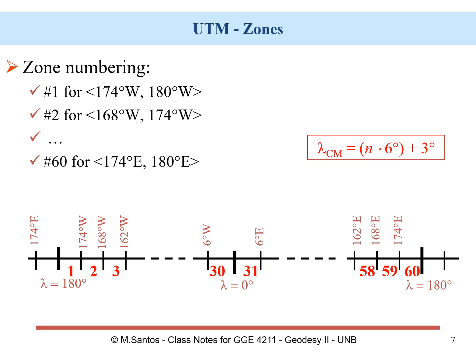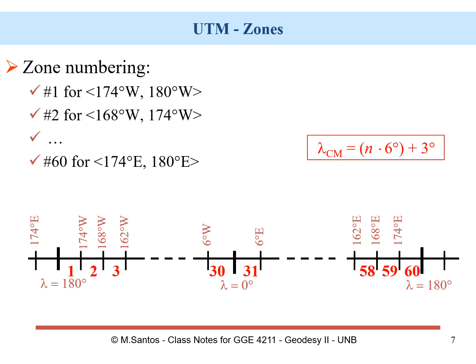The other thing is, how can we compute the longitude of the central meridian? The longitude of the central meridian is always going to be a multiple of 6 degrees plus 3 degrees. So we can start with n, and n here is just a count number.